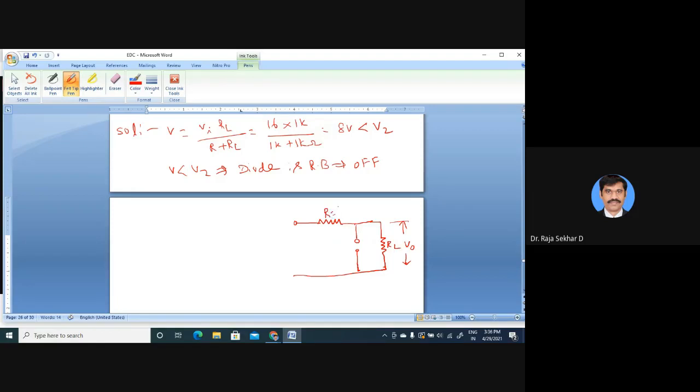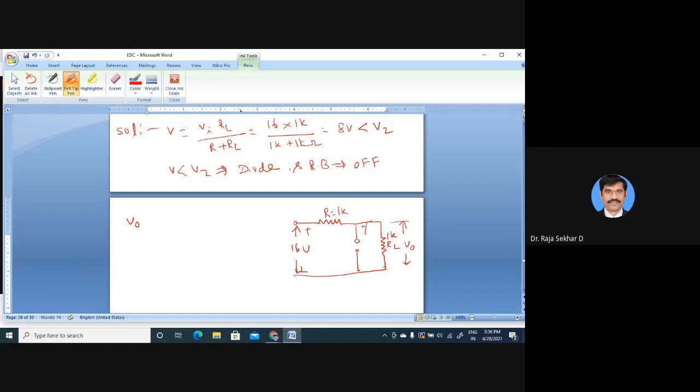R is 1K, RL is also equal to 1K, and this is 16 volts. So what is V naught?